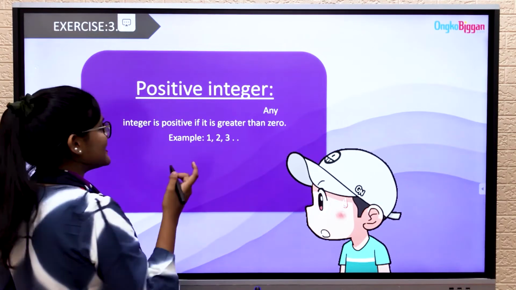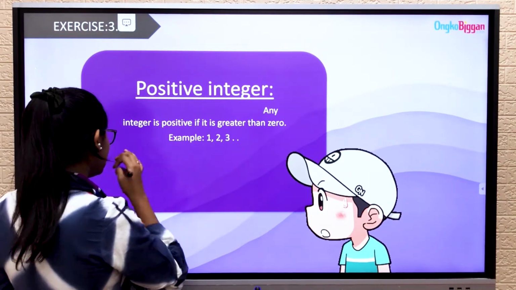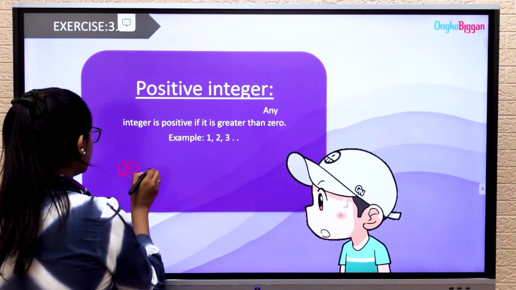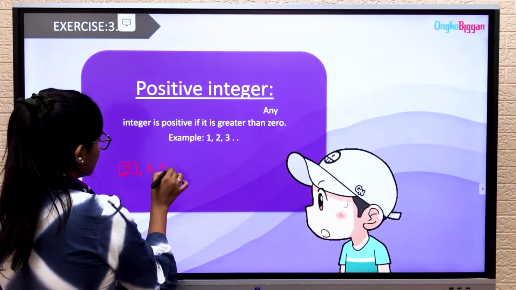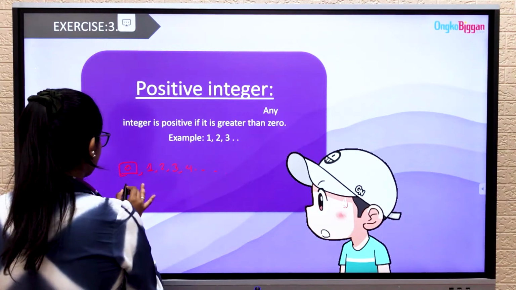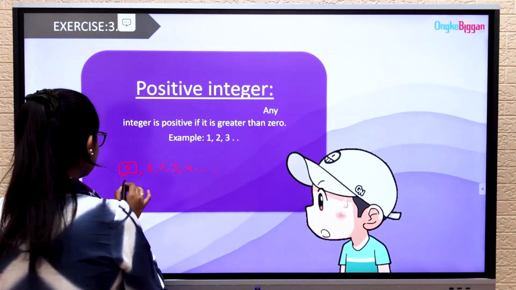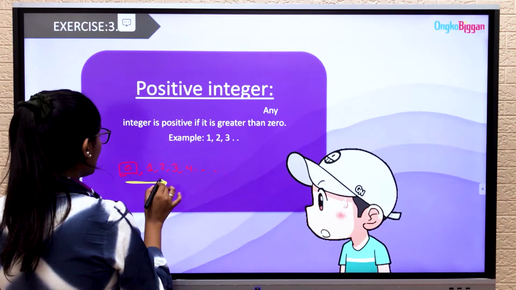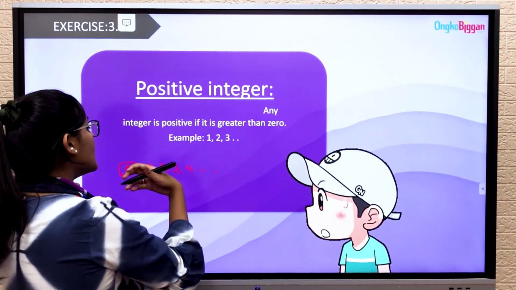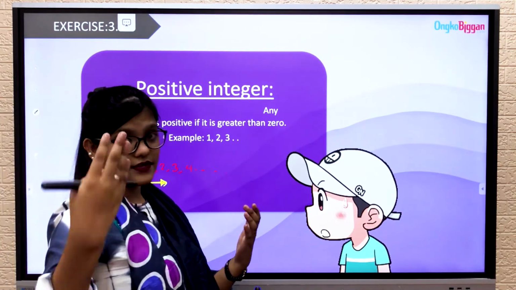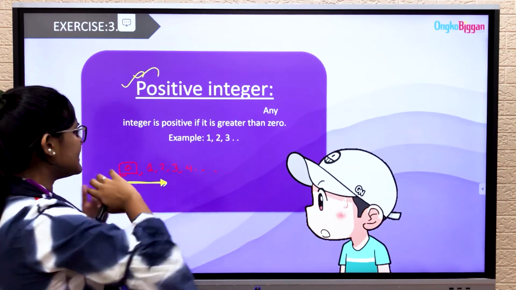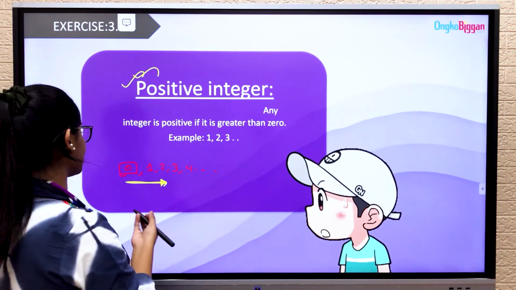We have learned in our first chapter that in our natural number system we have 0 as the smallest number, then it increases by 1, 2, 3 and it goes on. So we have only talked about the increase of numbers from 0 to 1, 2, 3, 4, 5, 6 to infinity. So positive integer is very clear to us: anything that is greater than 0.